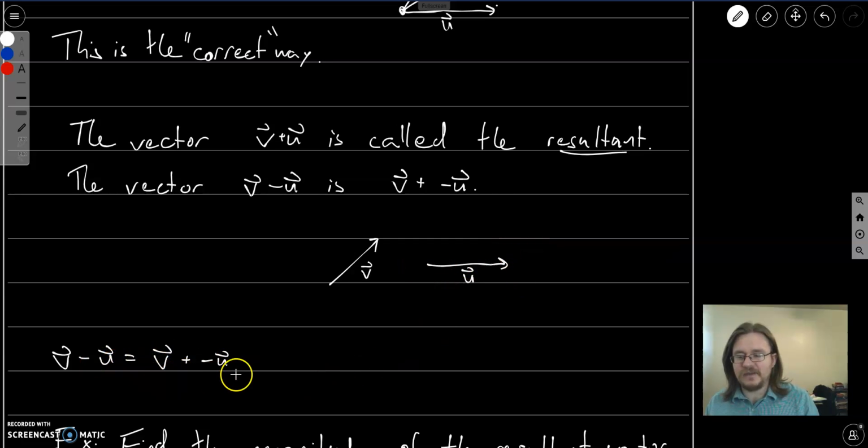Sorry, if I want to subtract u from v, I'm going to have v, and I want to add negative u. Well, negative u is pointing the opposite direction, so it's going to be pointing like this. So there is negative u. And again, we can draw our parallelogram.